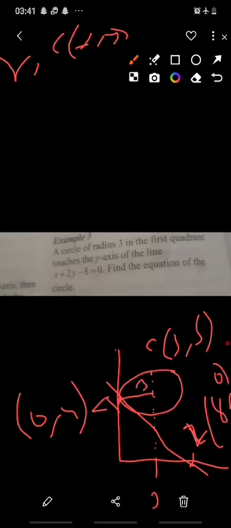This point also has coordinates (8, 0). So how do we get b? It's very simple. We have to use the length formula, so we can get the length of AC.